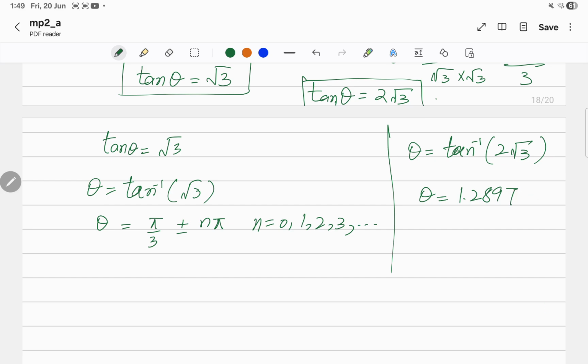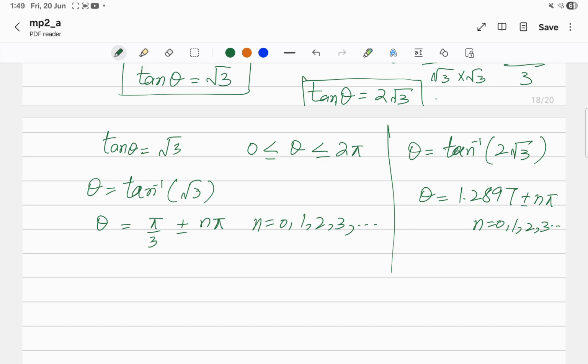We need to keep in mind we should set our calculator onto radians, because our domain is in radians, 0 to 2 pi. Again over here we can write plus n pi, where n is 0, 1, 2, 3 and so on. Since pi is the period, we can add or take away n pi to get the other values. After the period we will get the same.